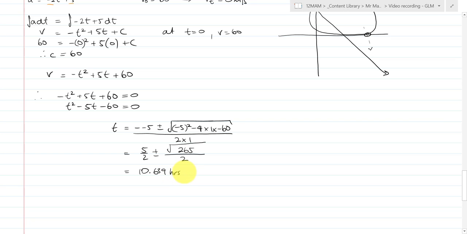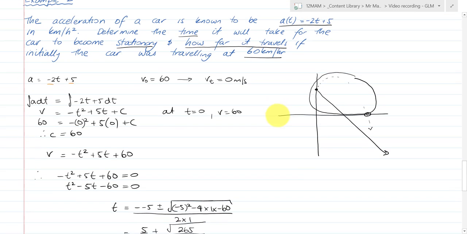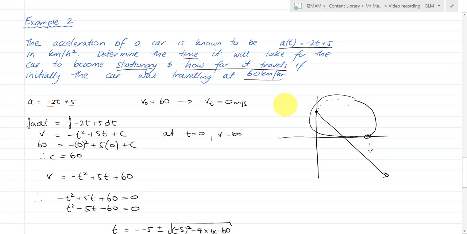So this goes slowing down quite slow and a little bit unrealistically, or negative 5.639 hours, which is unreasonable because we're not dealing with negative times in this case, we're dealing with positive times. So it doesn't make sense. It's not an overly realistic situation, but of course we're starting at 60 kilometers per hour and it's accelerating.